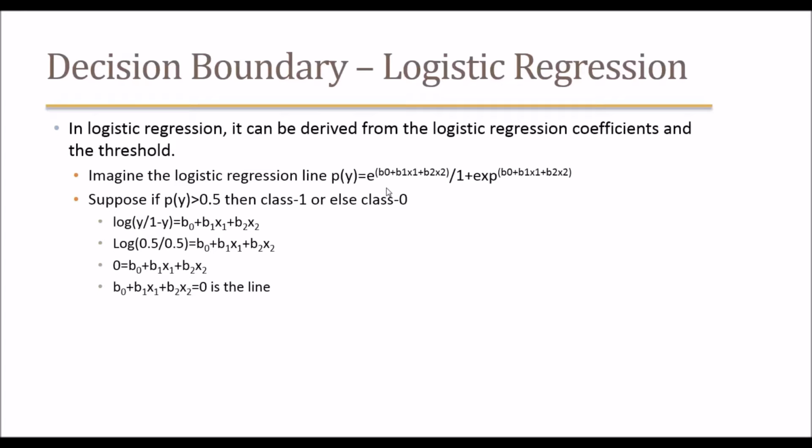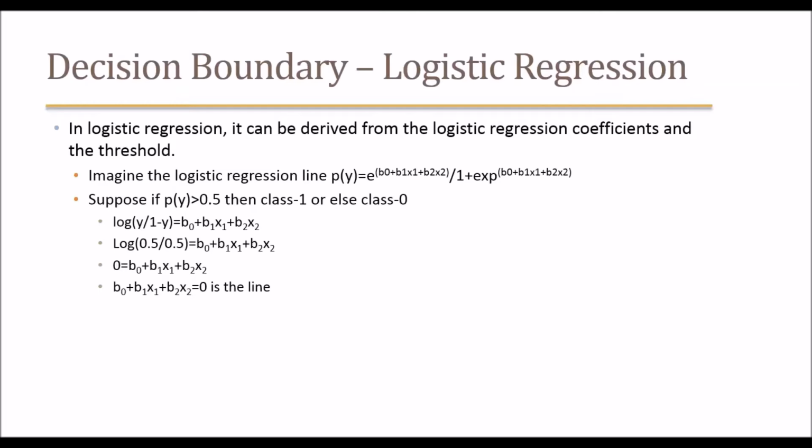Probability of y equal to 1 is e power beta naught plus beta 1 x1 plus beta 2 x2, divided by 1 plus the same expression. So if we suppose anything with the probability more than 0.5 is class 1, anything less than 0.5 is class 0, then if we substitute 0.5 in there, we can clearly come up with a line which is b0 plus b1 x1 plus b2 x2 equal to 0.